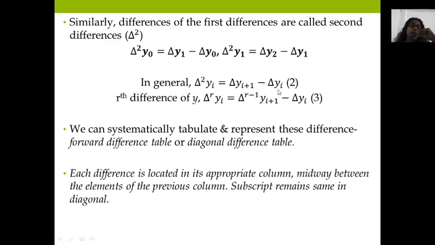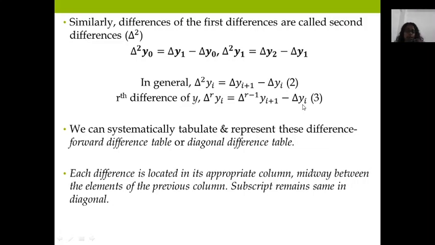So now you are in a position to generalize the forward difference operators. So rth difference of y can be written as delta r yi equal to delta r minus 1 yi plus 1 minus delta r minus 1 yi.